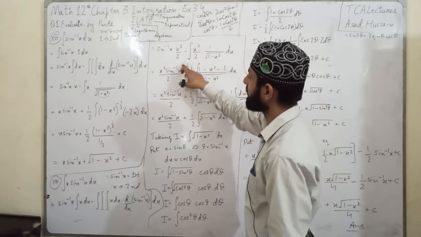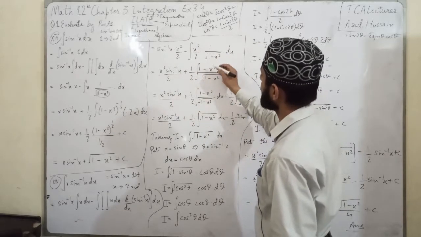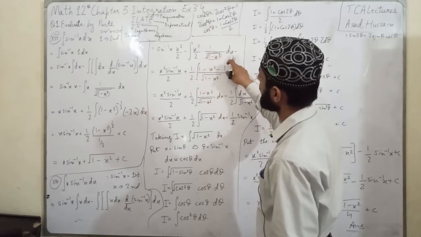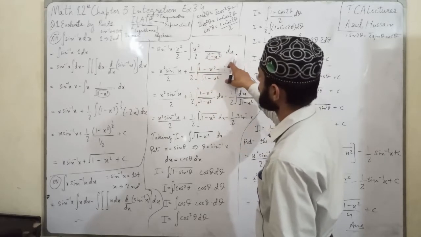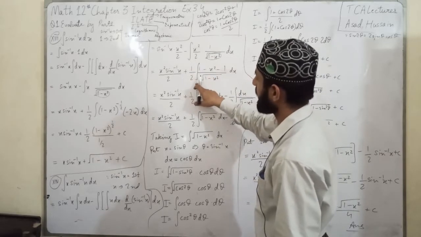x square sine inverse x over 2 plus, now trying to create this term in the numerator, we add 1 and subtract 1, and 1 over 2 is also taken as common.